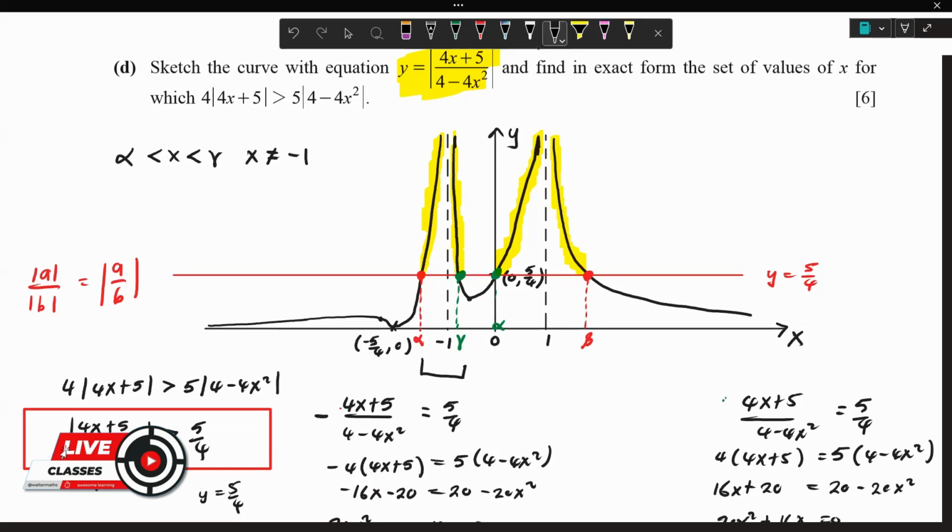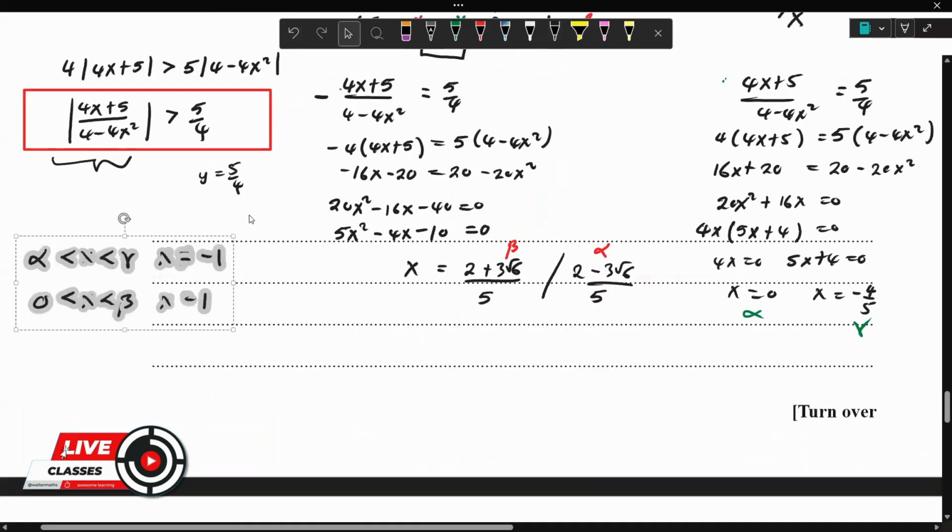And between 0 and beta, not where x is equal to 1. All right, so how do we write down the solutions?